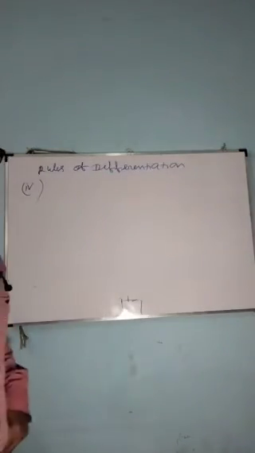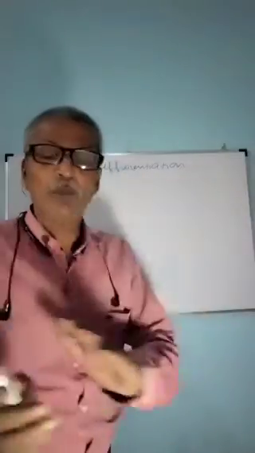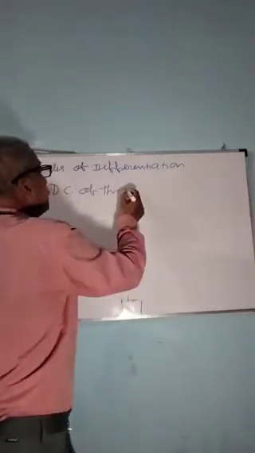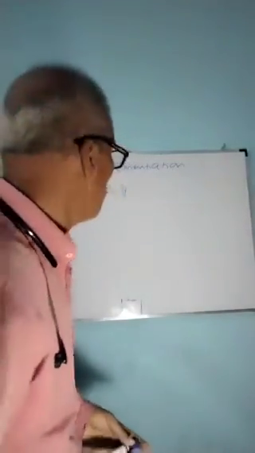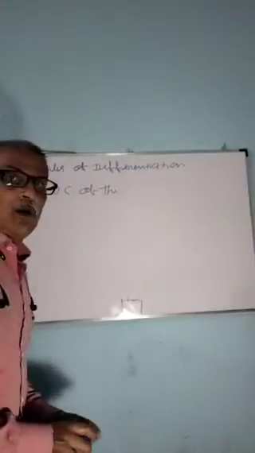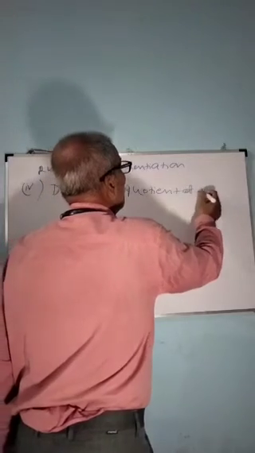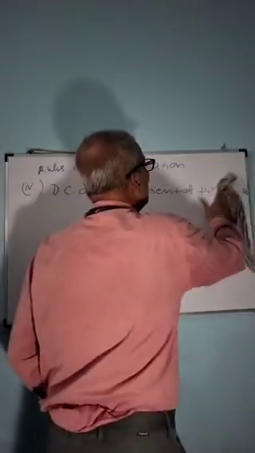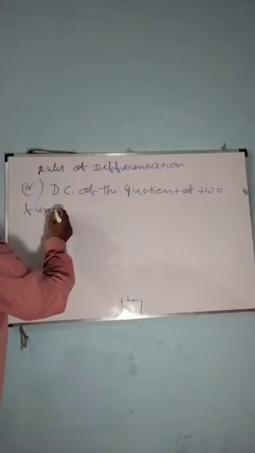Now we obtain the differential coefficient of the quotient of two functions, division of two functions. DC of the quotient of two functions.